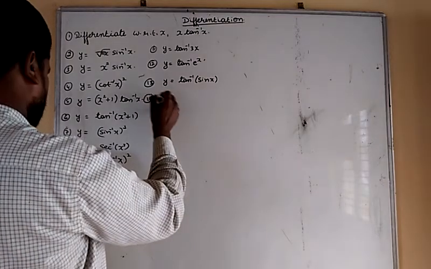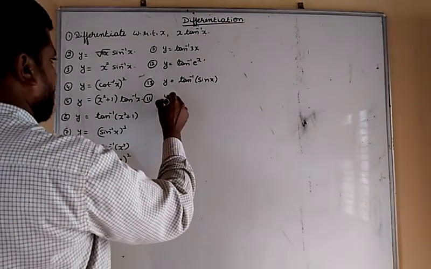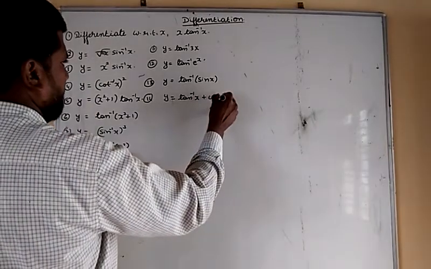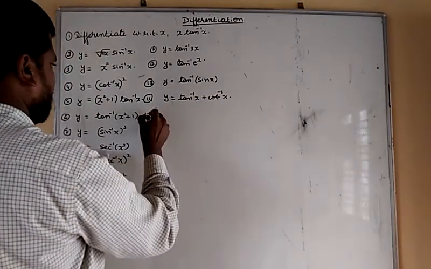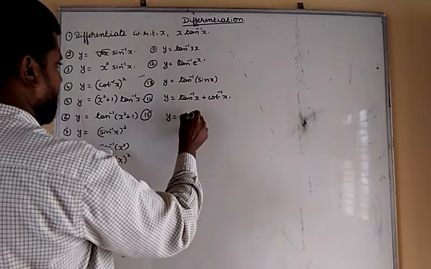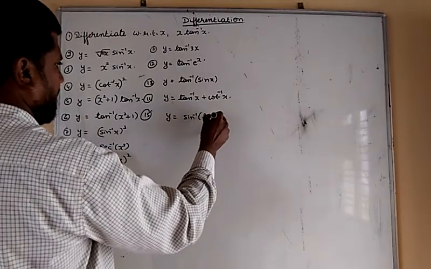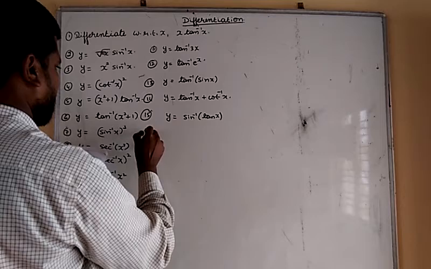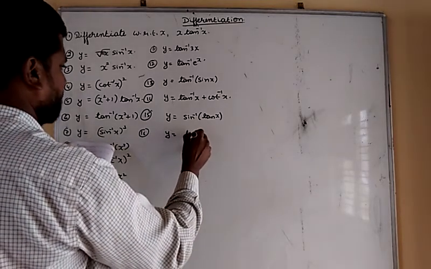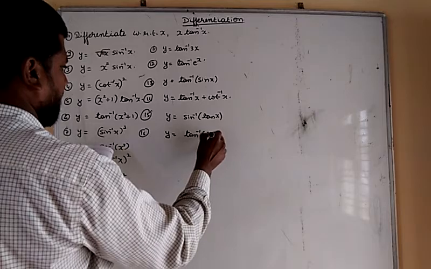Then next, y is equal to tan inverse x plus cot inverse x. Then y is equal to sin inverse of tan x. Then y is equal to tan inverse of log x.